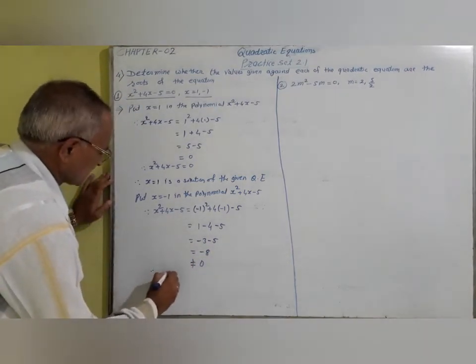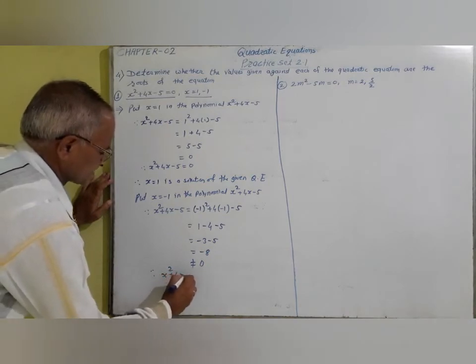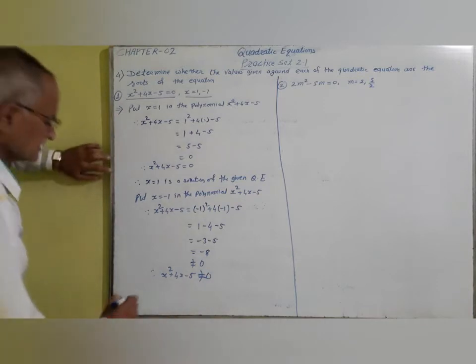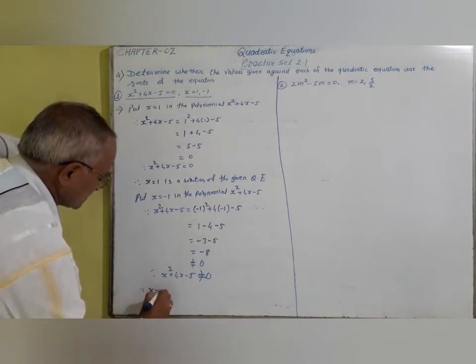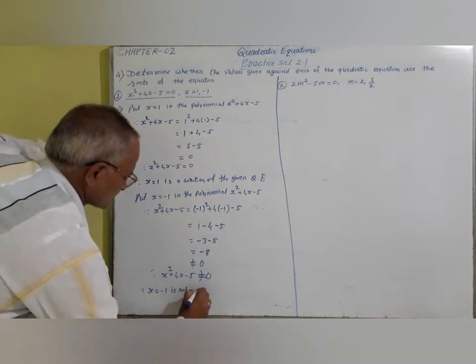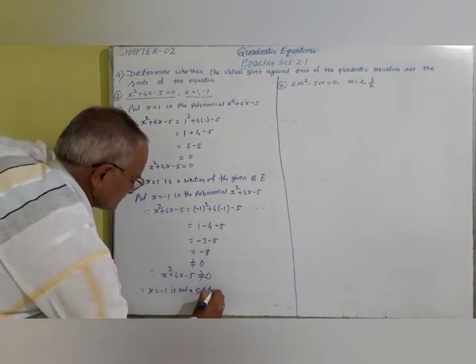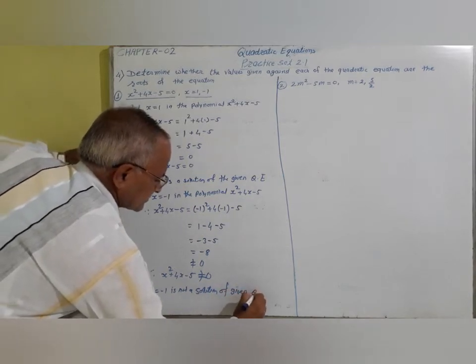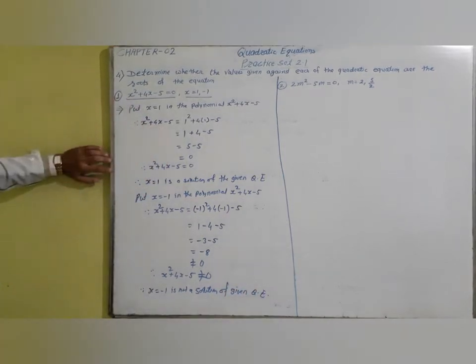And therefore we say that x square plus 4x minus 5 is not equal to 0. And therefore x is equal to minus 1 is not a solution of the given quadratic equation.